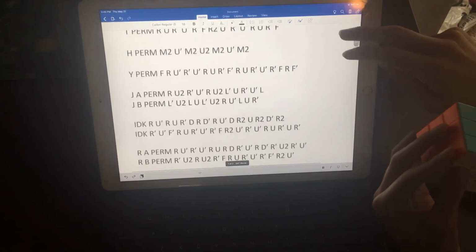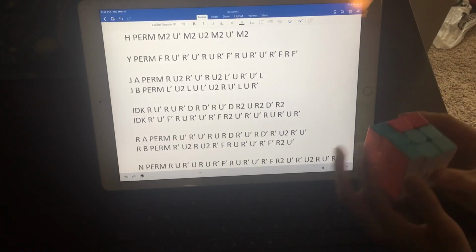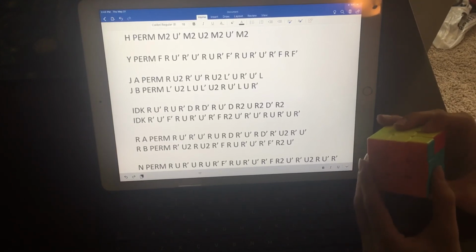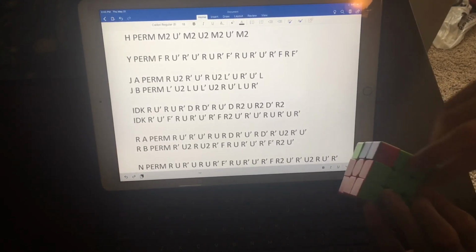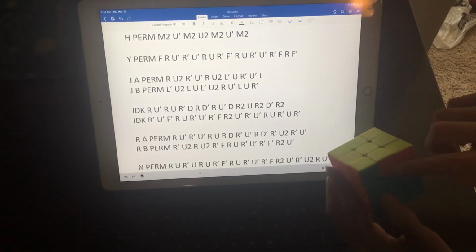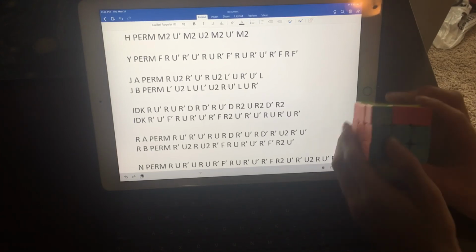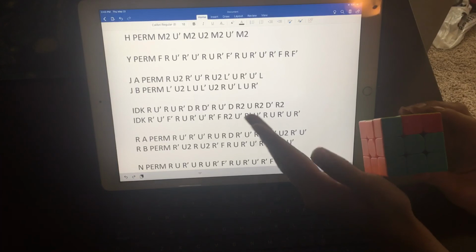So now I have the JA perm and the JB perm. You can tell that a JA perm has a solved side, and this back piece has a bar, but nothing here. And then there's a bar on the other side, on the right. So JA perm is like this. You have the solved side on your left, and you do JA perm.